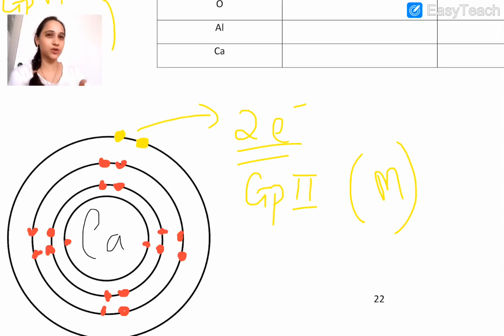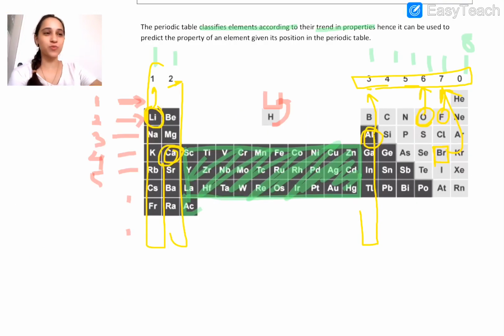But what about those with 4 valence electrons? Well, some of them are metals, some of them are non-metals. That's why I'm ignoring it right now. So, you'll see carbon and silicon, these are non-metals, but lead and tin, these are metals.